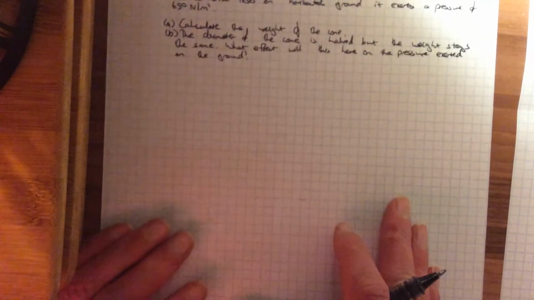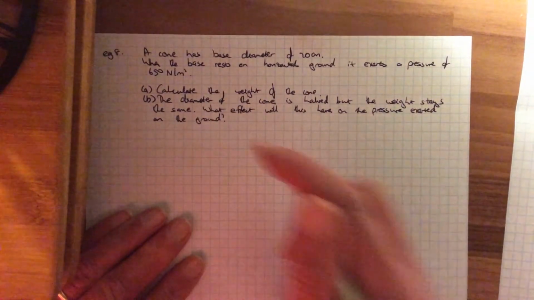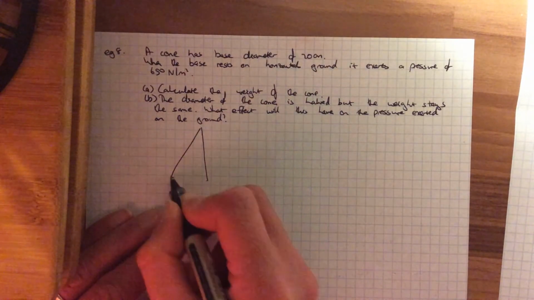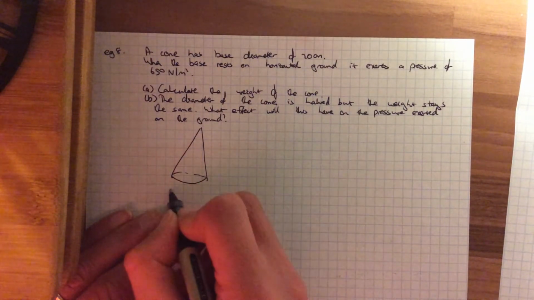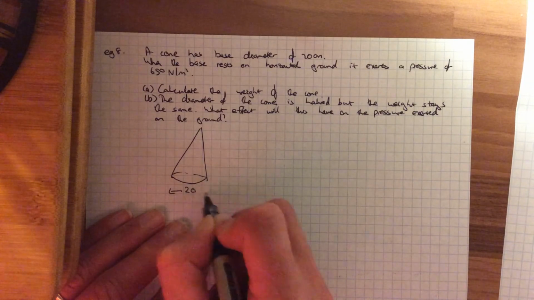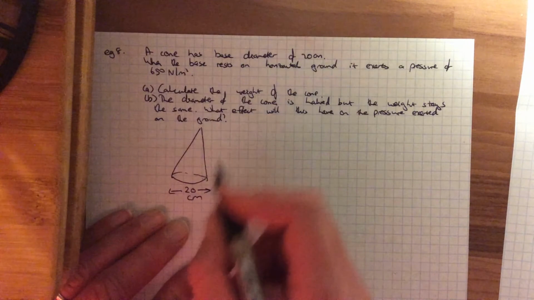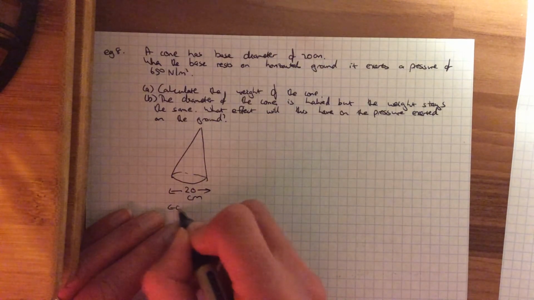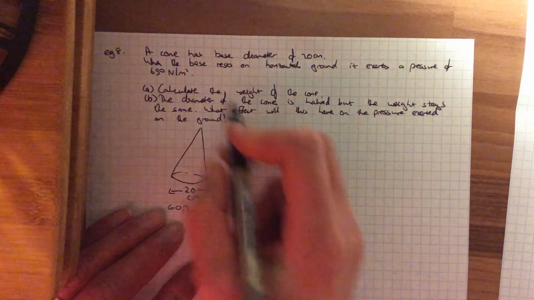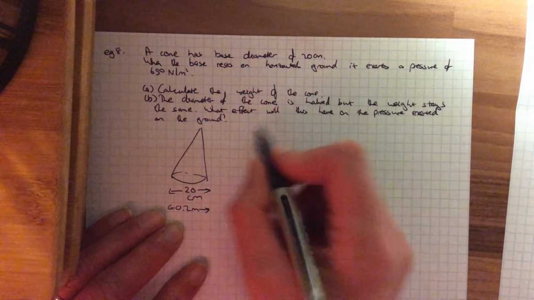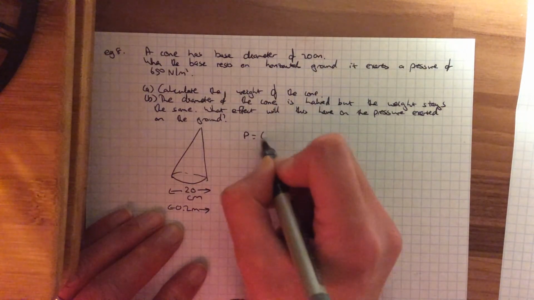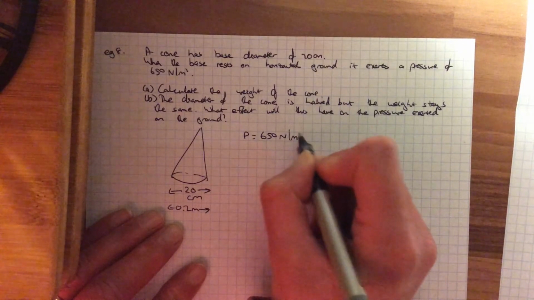Now I have one more of these questions to do, and that will finish this topic. It's quite a tricky one as well. A cone has a base diameter of 20 centimetres. I'm noticing it should be in metres, so let's put it into metres straight off. The base rests on horizontal ground and it has a pressure of 650 newtons per metre squared.